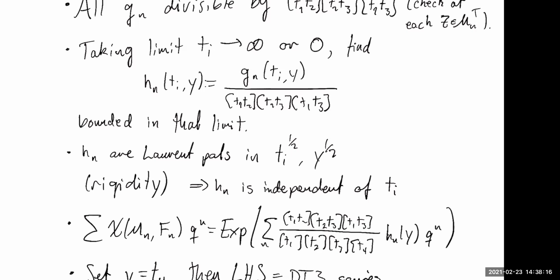a plethystic exponential of something relatively simple means that a lot of denominators which are present in the localization formula have to cancel after a certain computation, and the way this cancels geometrically has to do with the fact that two ends of a P1 contribute in a certain way that won't cancel each other.